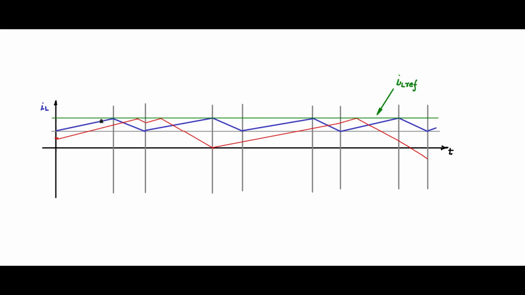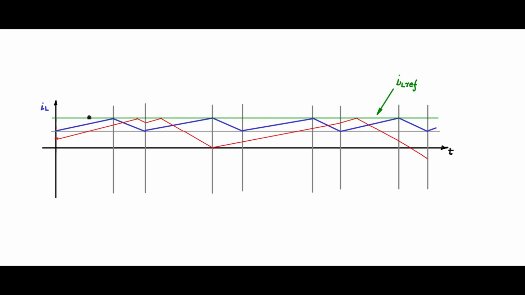So whenever the inductor current reaches IL ref and tries to cross that, then the error changes direction, becomes negative, and then resets the flip-flop. But that is not happening in a proper way when the duty cycle is greater than 0.5.